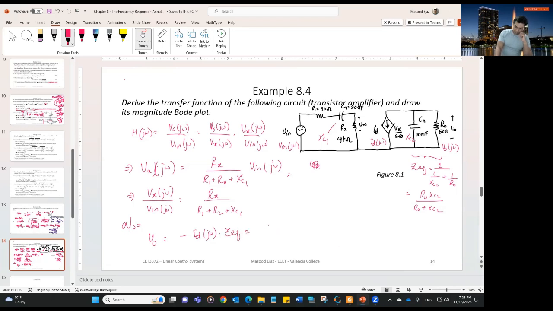This is Vx over 100, negative Vx over 200 times R out XC2 over R out plus XC2, which gives us V out over Vx equals negative R out XC2 over 200 times R out plus XC2.